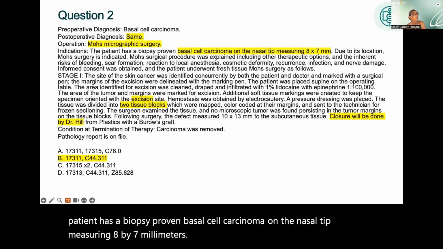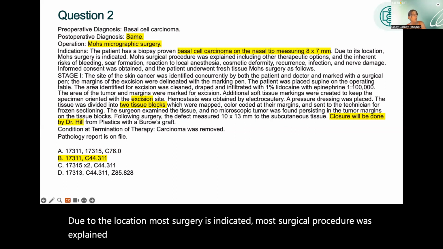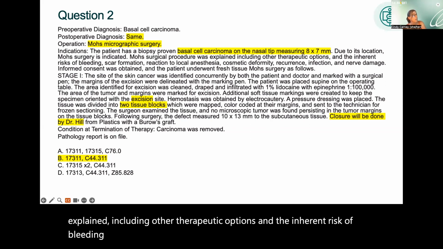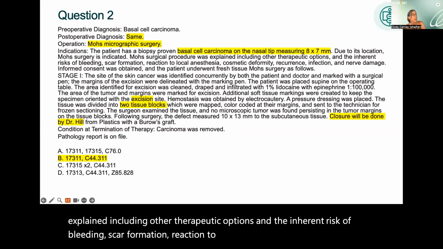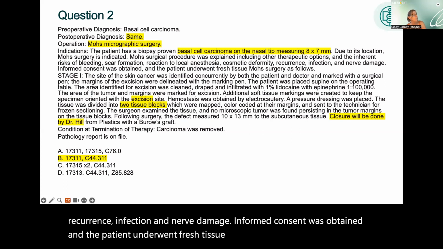Due to the location, Mohs surgery is indicated. Mohs surgical procedure was explained, including other therapeutic options and the inherent risk of bleeding, scar formation, reaction to local anesthesia, cosmetic deformity, recurrence, infection, and nerve damage. Informed consent was obtained, and the patient underwent fresh tissue Mohs surgery as follows.